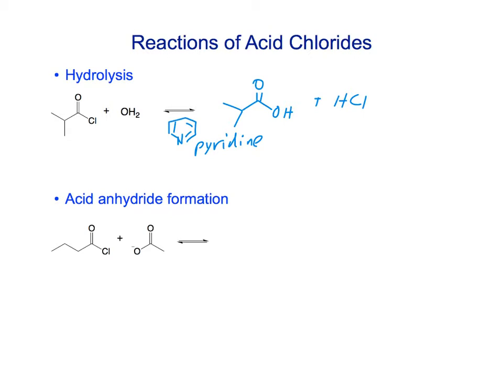Okay, so let's just look at how this reaction might take place then. The water is going to attack the carbonyl carbon, right? This acid chloride is very reactive, so we don't need any catalyst or anything like that. Just like we've seen over and over again, we generate a tetrahedral intermediate. So we get an O minus up there on top, we have the chloride, and we have our water molecule that is now attached.